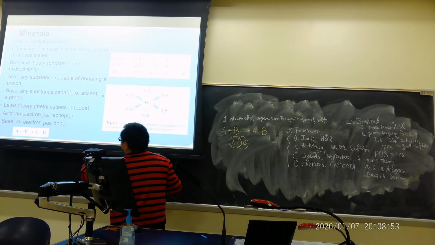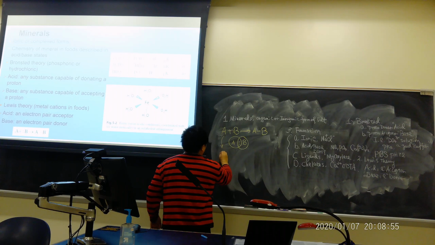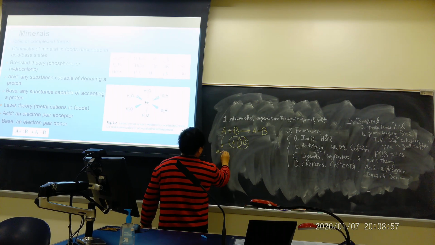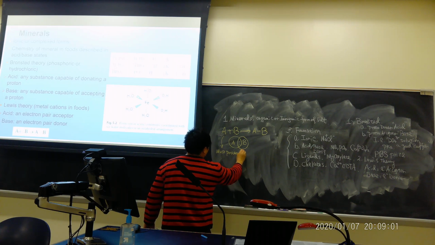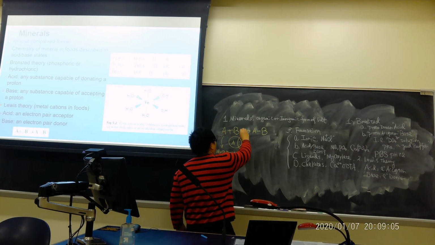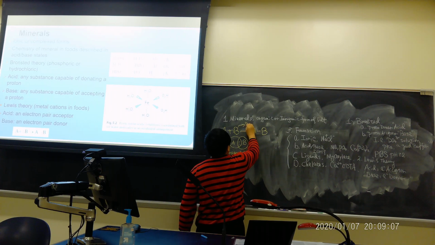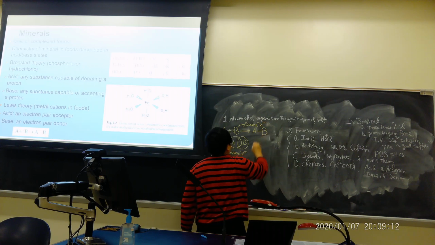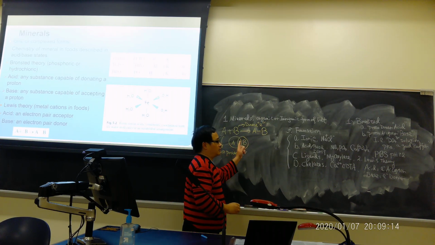In this formula, A must possess an electron acceptor site, and B must donate electrons. Then they can share it.